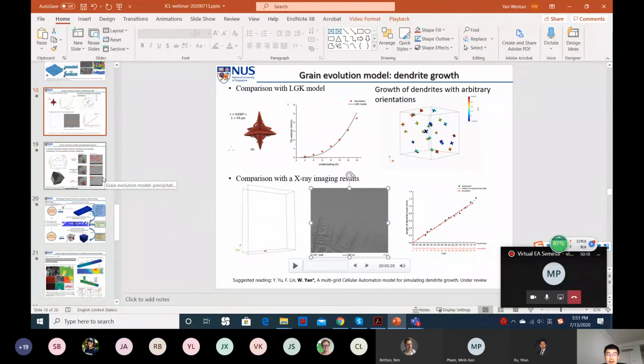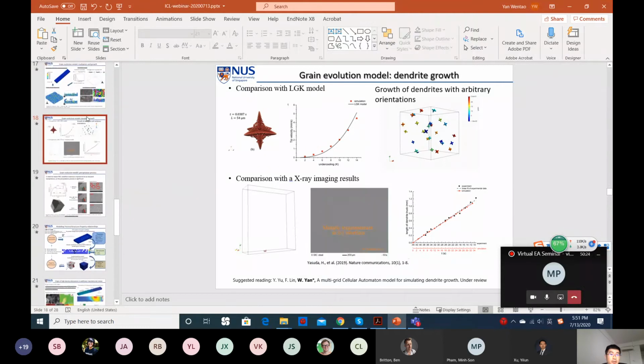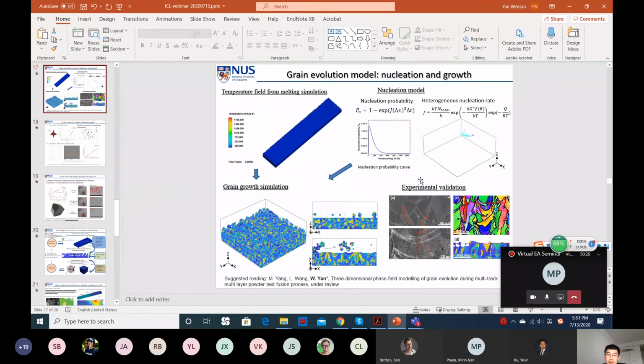So we don't compare directly with in situ imaging. Mostly we do post-processing experimental observation, like using EBSD, optical microscope or SEM to see the grain morphology and grain size, and then we compare the grain morphology and grain size.